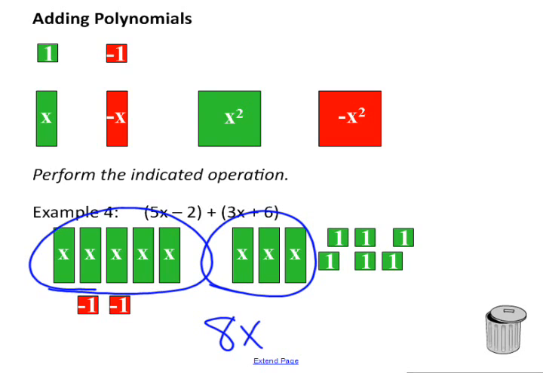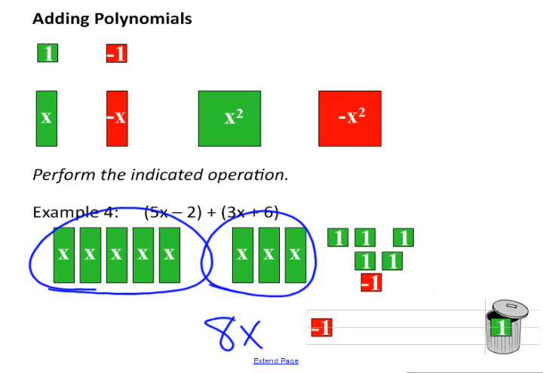Let's take a look at the units. I have negative 1 unit, and that has to be added to the positive units. If you notice, if I have positive 1 plus a negative 1, those will eliminate. 1 minus 1 is 0. So I call these 0 pairs. What I'm going to do is delete them. I don't need 0 pairs.